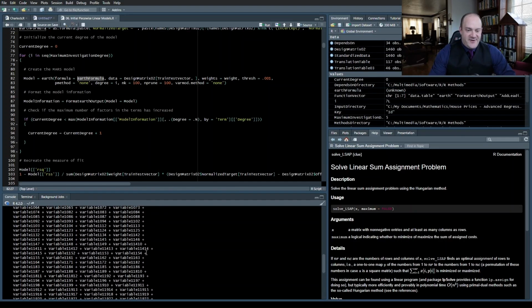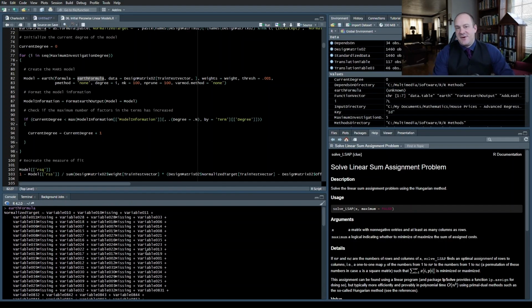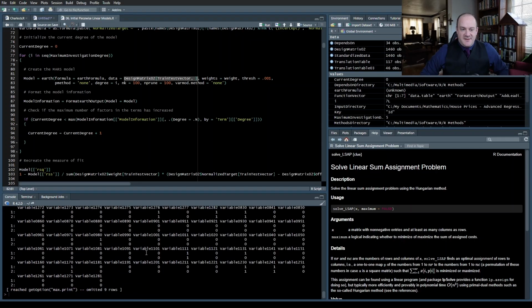We've thrown in every variable that we've created so far. So the variables here consist of the continuous variables that we hit with the probability integral transform. And then it consists of the indicator variables for the groups that we created with the increasing groups function. And all of those are contained in this design matrix here, design matrix 2.